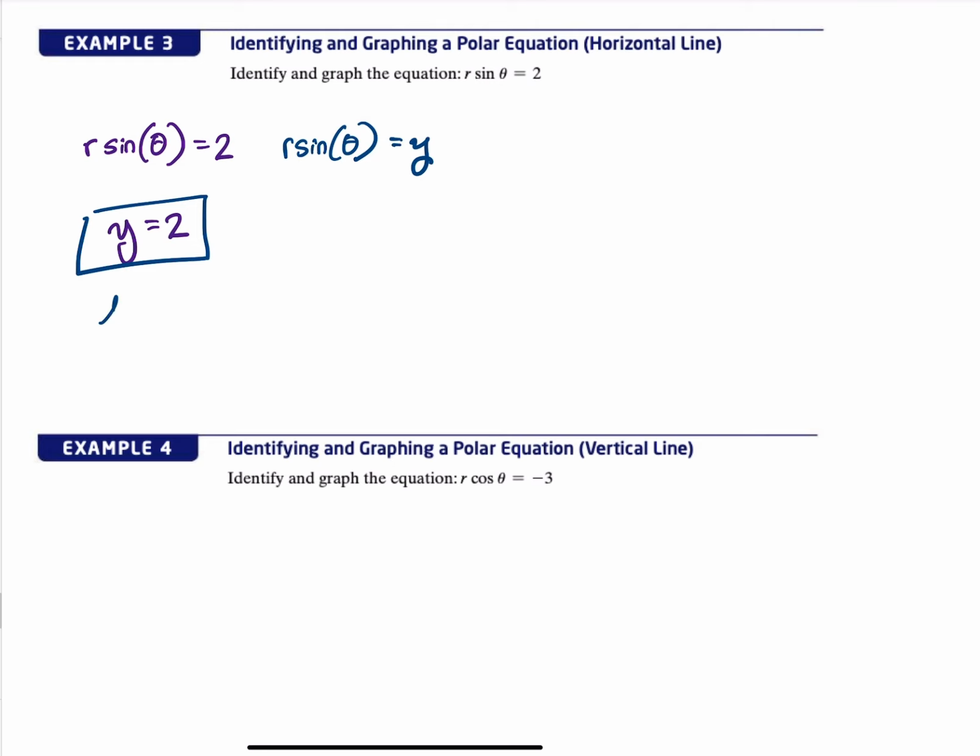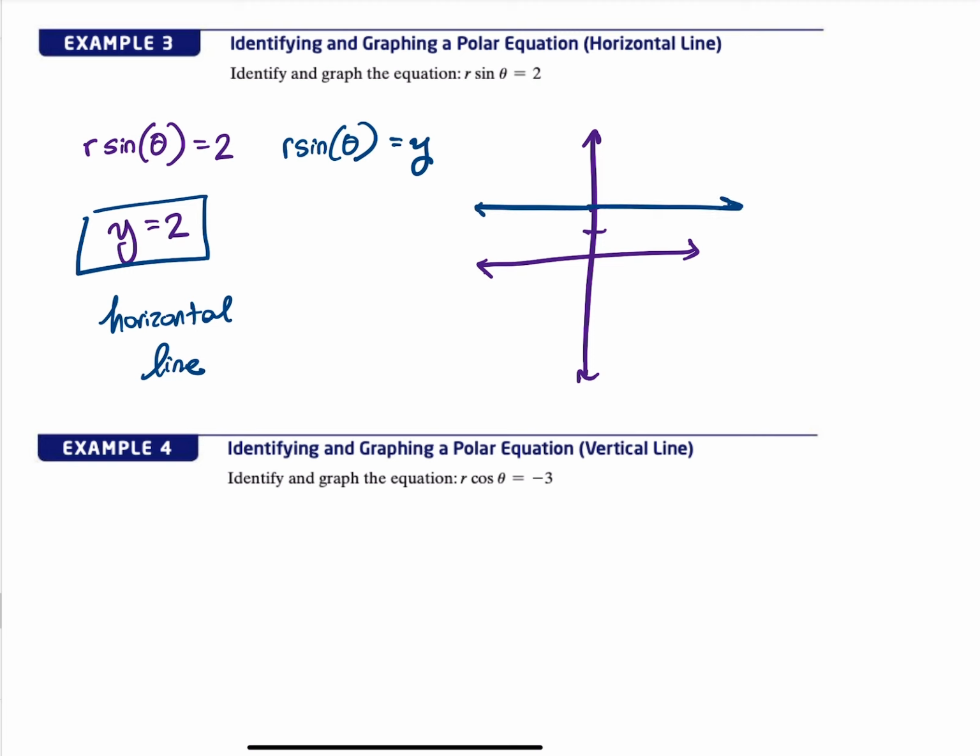This is a horizontal line going through 2 on the y-axis. So the y value is always 2.